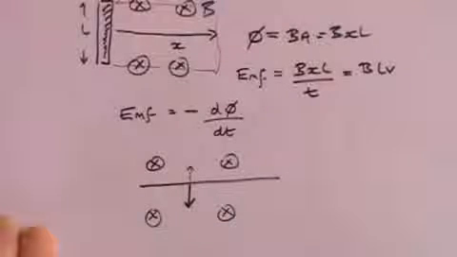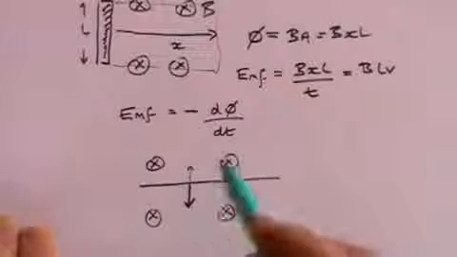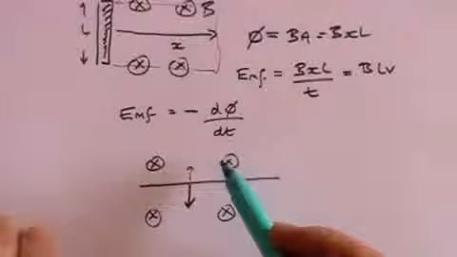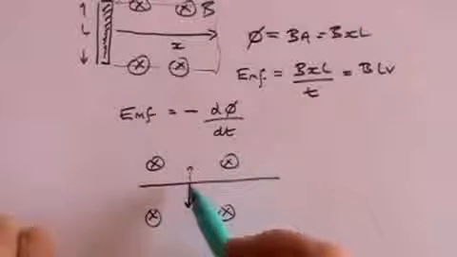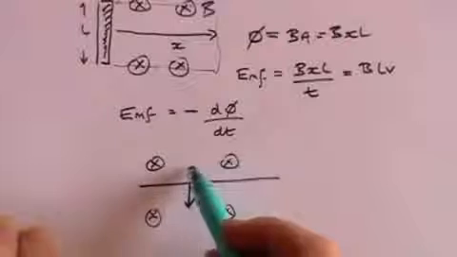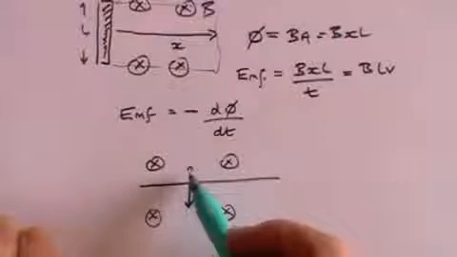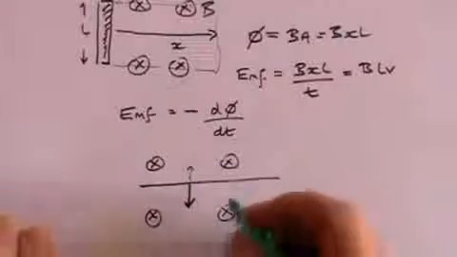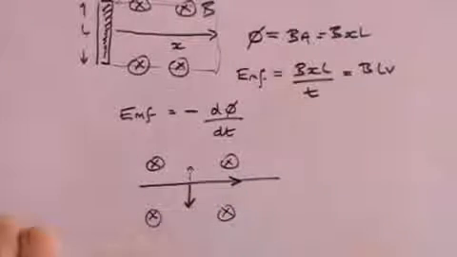Which means that if you apply the left-hand rule, you've got the magnetic field going into the paper, you've got the force going upwards because it's a resistive force, it's opposing the force that's going downwards. And that will mean that the current will flow in this direction.